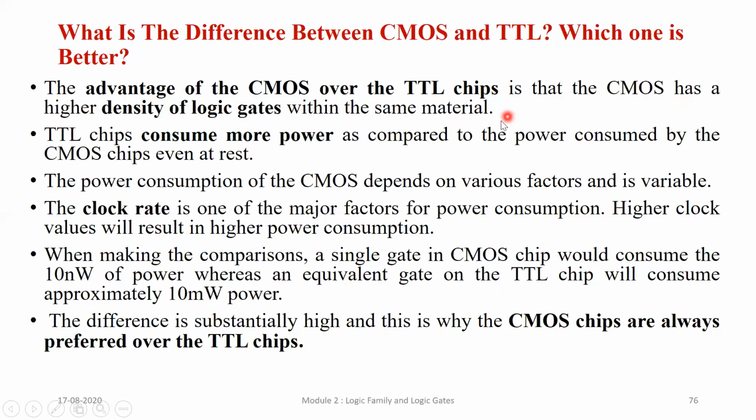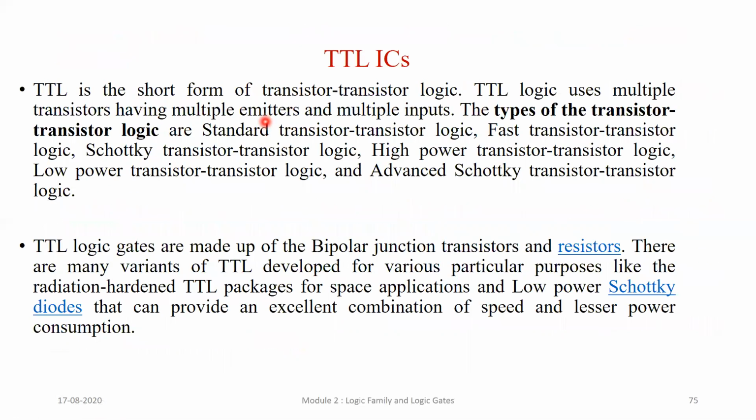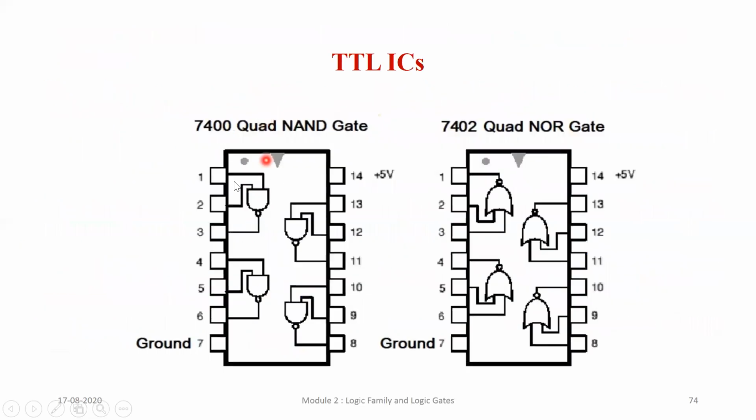Did you understand this point? Like I showed you one TTL IC, no, 7400, 7402. So in that IC we had 4 NAND gates and 4 NOR gates. Now same IC, I take the same size of the IC. In that higher density means inside it there will be more than 4 logic gates. Here only 4 were there, no NAND gate.